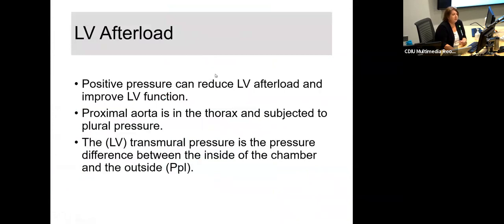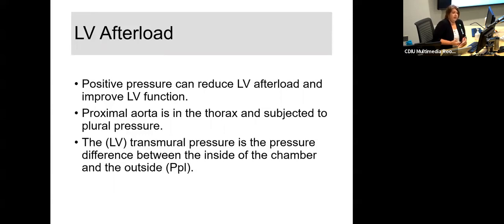So let's talk a little bit about how this works with left ventricular afterload. Imagine the proximal aorta is in the thorax and it's subjected to pleural pressure. As you breathe, your aorta is subjected to changes in pleural pressure.